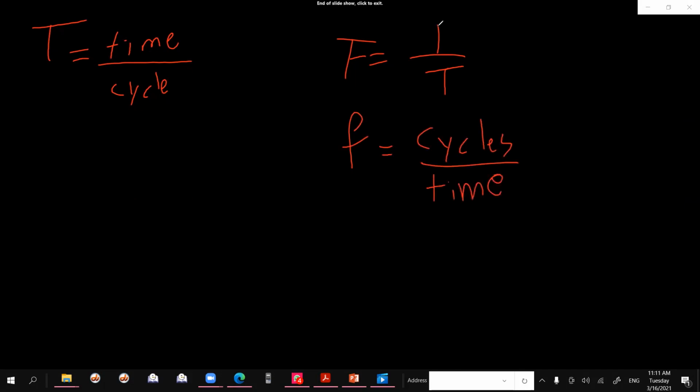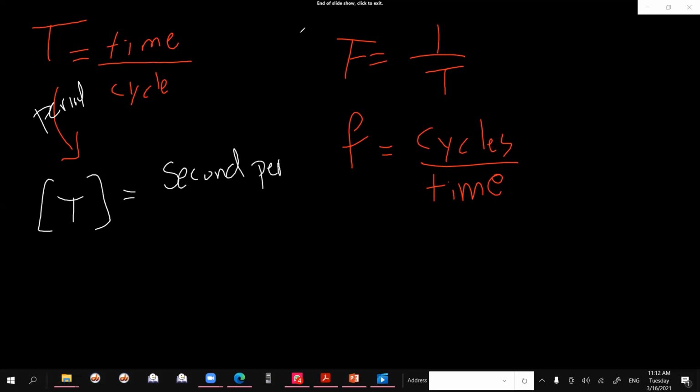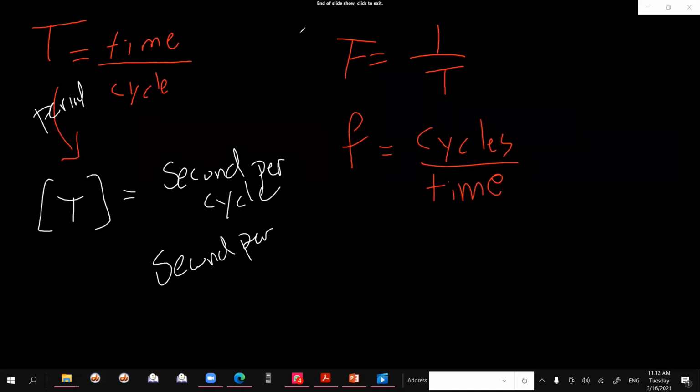So now, what's the unit of the period? Since I'm talking about time, it's seconds, but actually it's seconds per cycle, or you can say seconds per revolution.